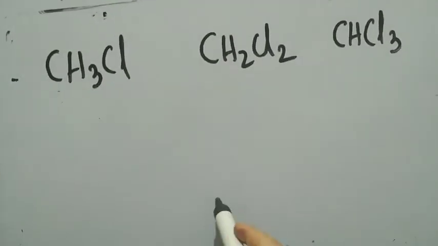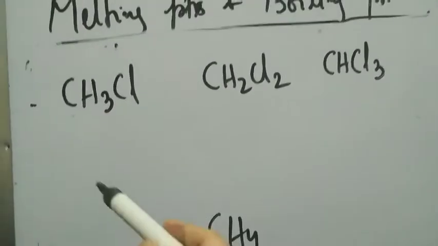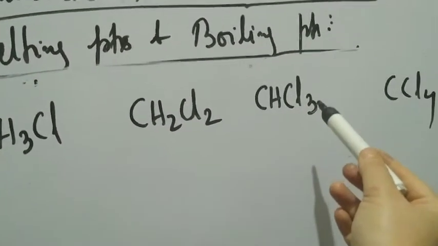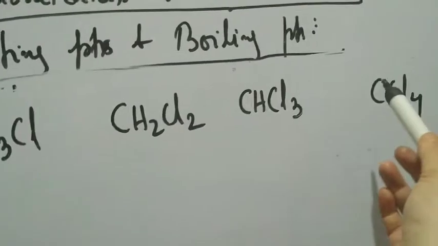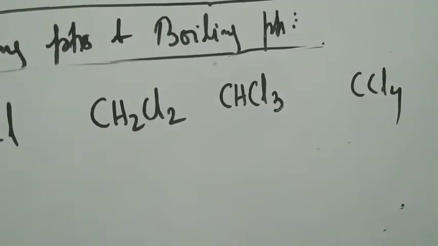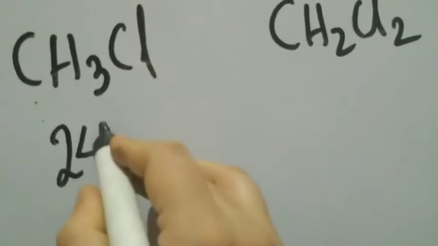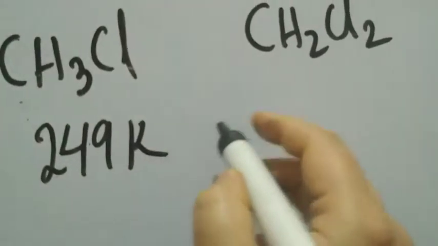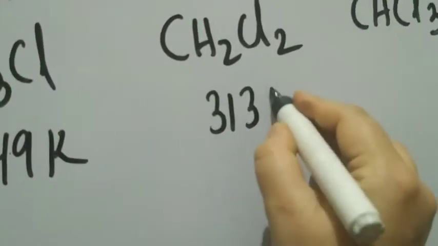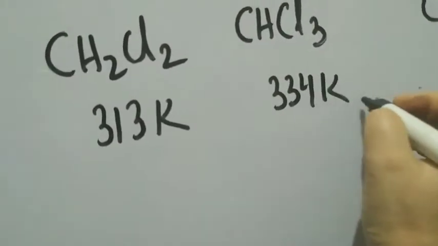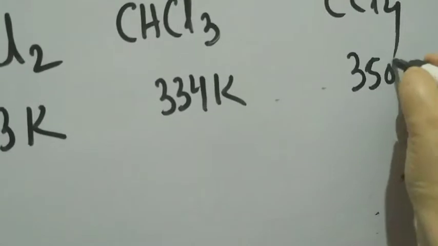What is that parent alkane? CH4, methane. But this is a monohalogen derivative. This is a dihalogen derivative, trihalogen derivative, chloroform, tetrahalogen derivative, carbon tetrachloride. And if we write down their boiling points, this is 249 Kelvin. This is 313 Kelvin. And this is 334 Kelvin. And this is 350 Kelvin.